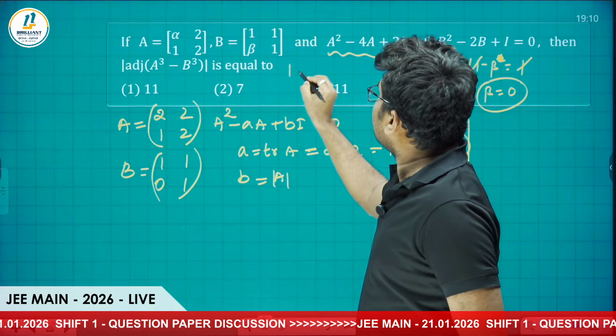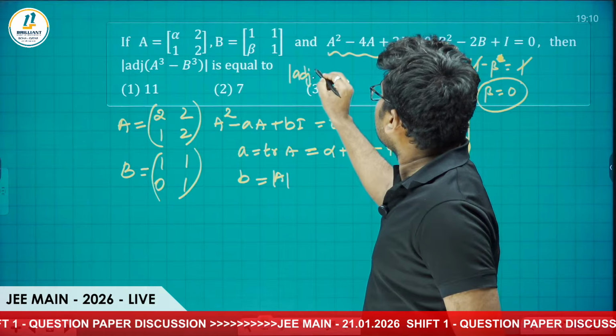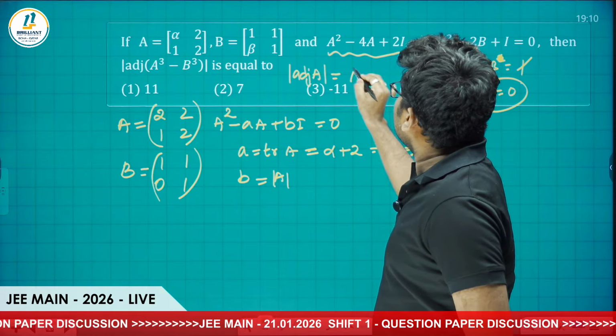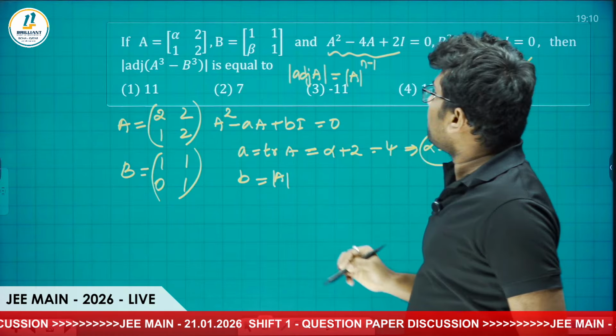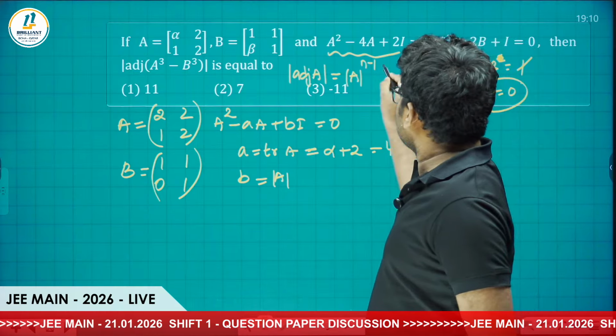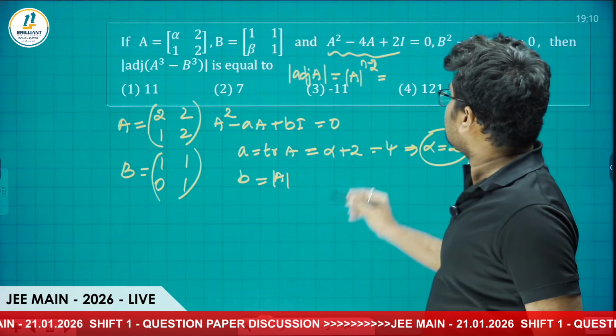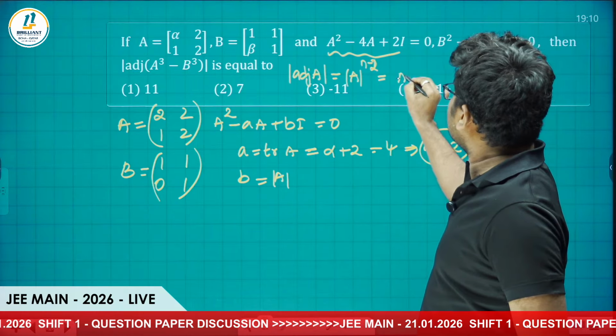We already know the determinant of the adjoint of any matrix is nothing but det A whole to the power n minus 1, so det A power 3 minus 1, which equals det A square. So now we are supposed to find the value of A cube minus B cube.